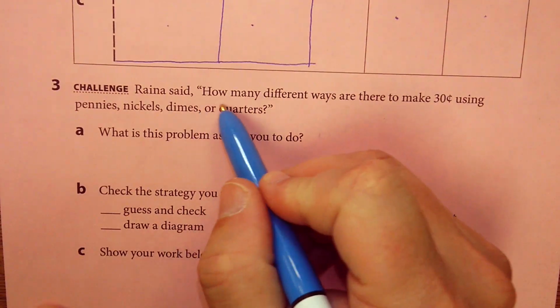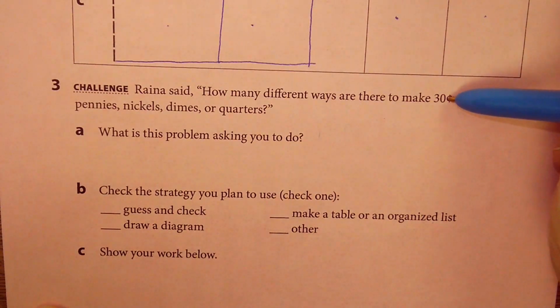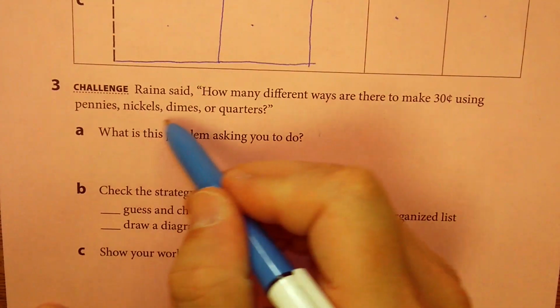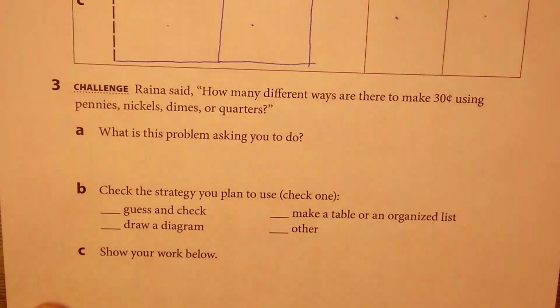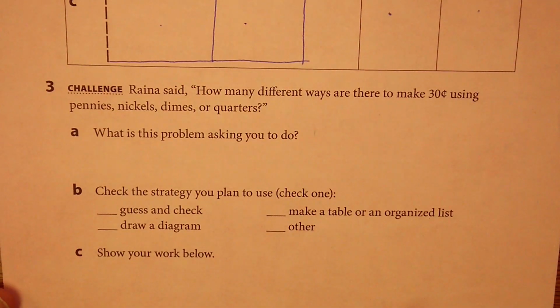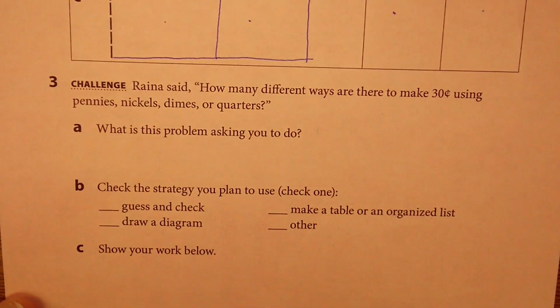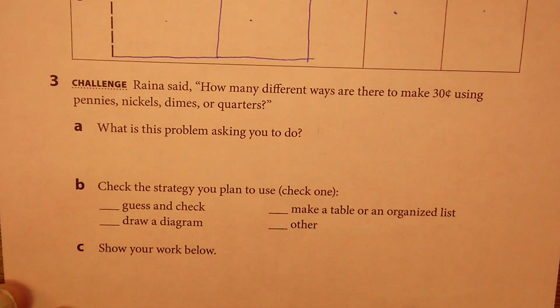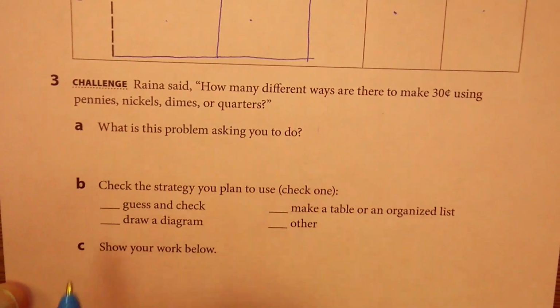Raina said, how many different ways are there to make 30 cents using pennies, nickels, dimes, or quarters? Woo! How many different ways are there to make 30 cents using pennies, nickels, dimes, quarters? Wow. What is this problem asking you to do?